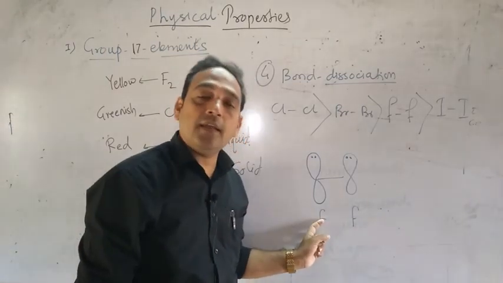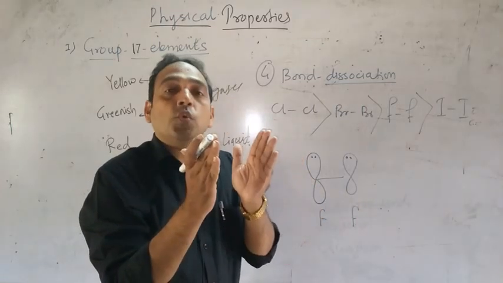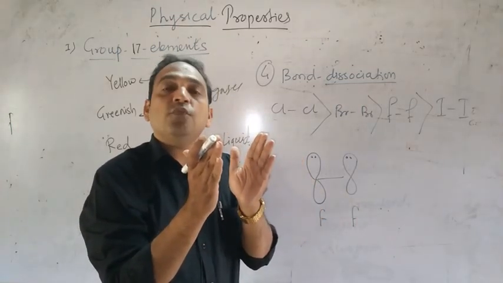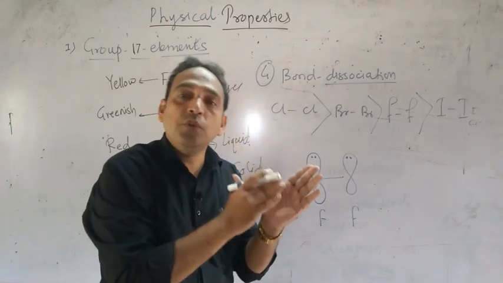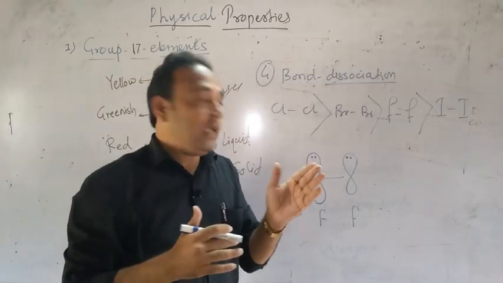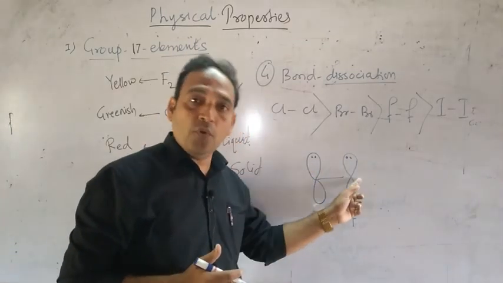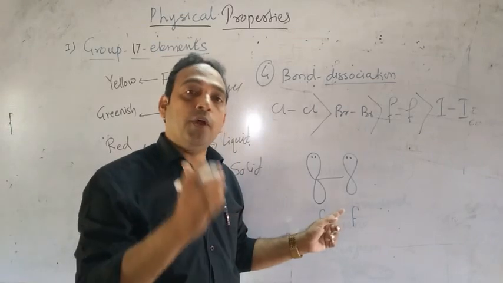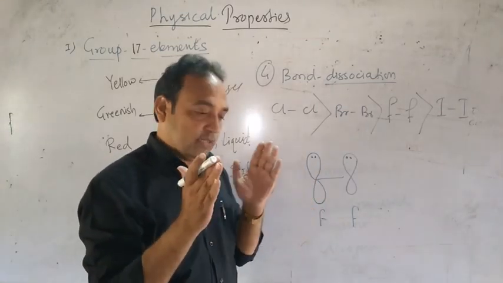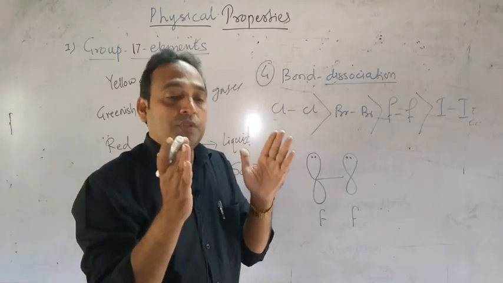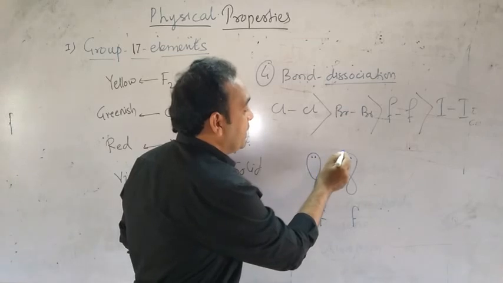These lone pairs are so close, because the atomic size of fluorine is less. Atomic size means the distance from the nucleus to the outermost shell. The lone pairs of electrons on each fluorine atom are close, and due to that small distance, repulsion takes place.